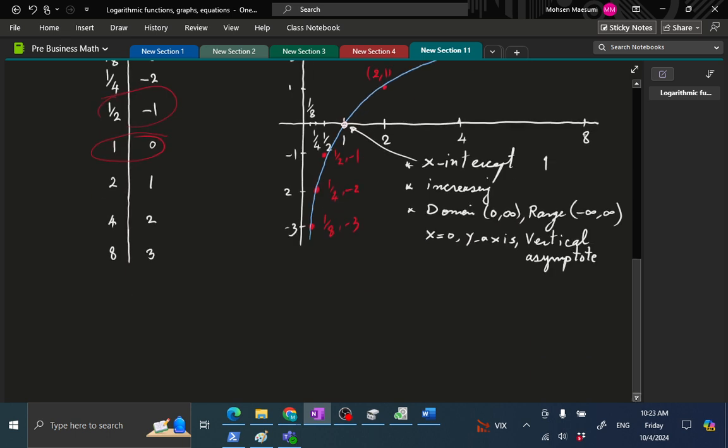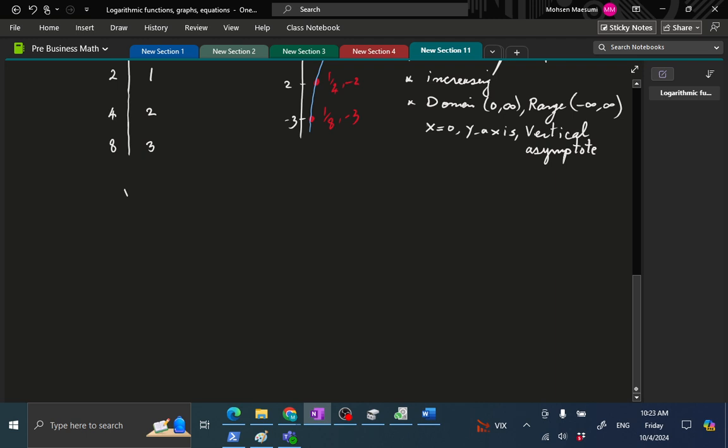Now you might come across a problem where some of these ingredients are changed a little bit. For example, what if I have logarithm of x minus 3 in base 2? What does that do? You can make a table as before and try to hunt for friendly numbers.